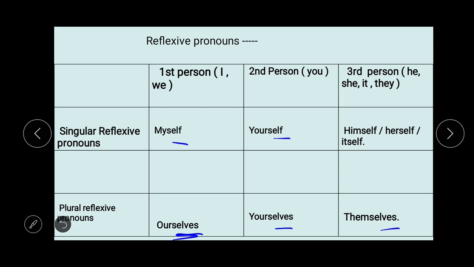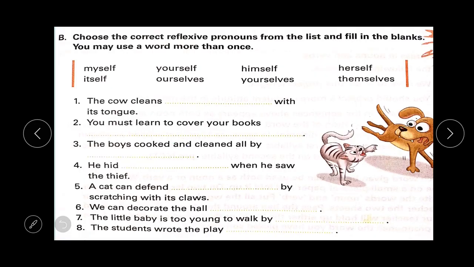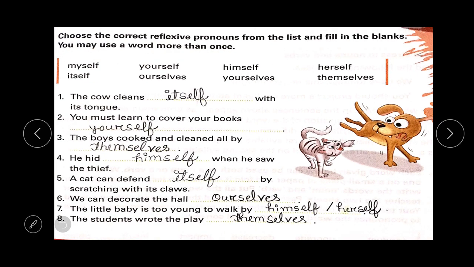Now students, for your better understanding of reflexive pronouns, here I have listed one exercise. Some reflexive pronouns are given here, and you have to choose and fill in the blanks below. Now these are the answers. Let me read it out for all of you. Number 1, the cow cleans itself with its tongue.